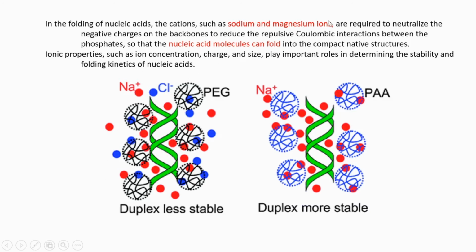It is necessary to neutralize the negative charges on the backbone to reduce the repulsive Coulombic interaction between the phosphate groups in the backbone. They are all negatively charged, so there is a chance of repulsion. For reducing that repulsion, there should be some positively charged cations like sodium and magnesium.